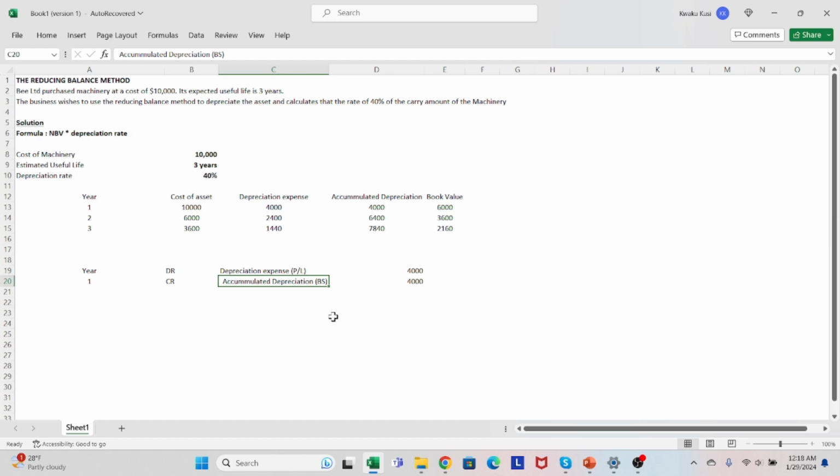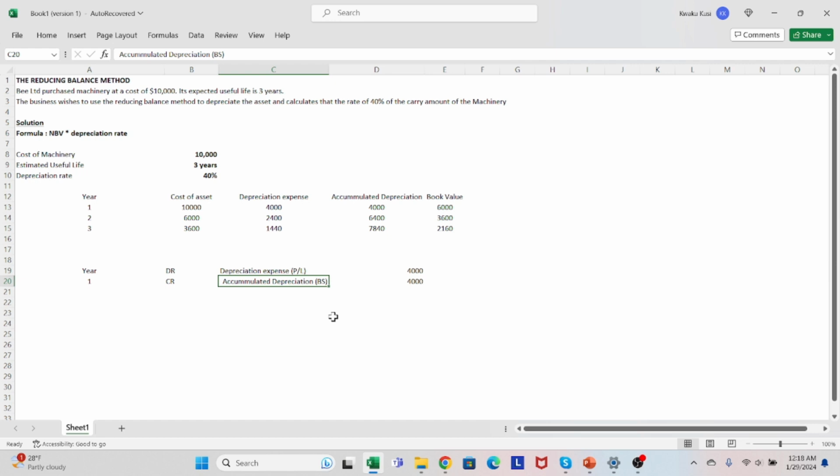And one thing I can also say is that the reducing balance method might therefore be used when it is considered fair to allocate a greater proportion of the total depreciable amount to the earlier years and a lower portion to the later years, on the assumption that the benefit obtained by the business from using the asset declines over time.